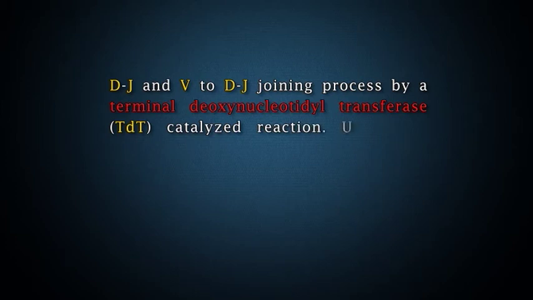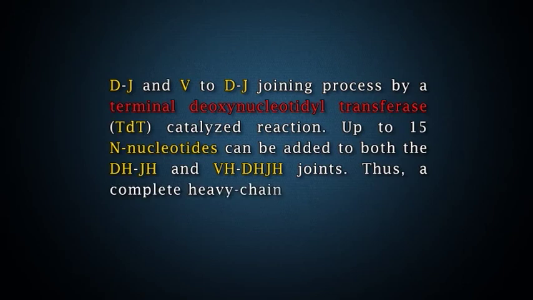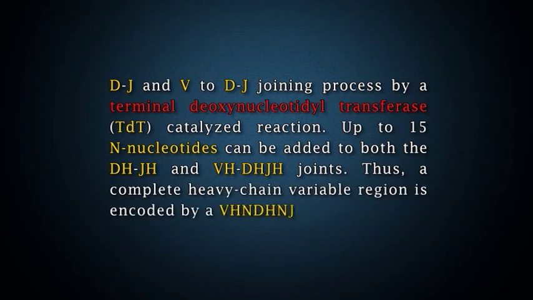Up to 15 N nucleotides can be added to both the DH-JH and VH-DH-JH joins. Thus, a complete heavy chain variable region is encoded by a VH-N-DH-N-JH unit.